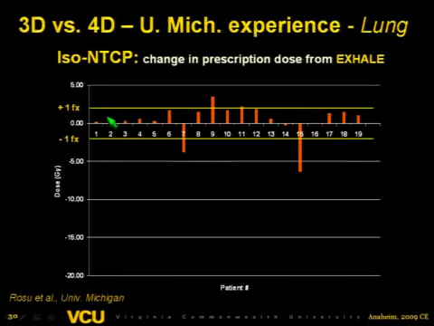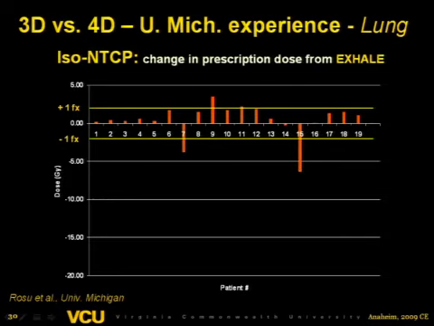So for the patients from this study, the prescription dose was 2 grays per fraction, and that's why these 2 horizontal yellow lines are shown here as a threshold beyond which we may say that these are clinically important changes.